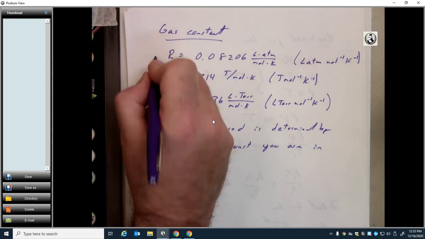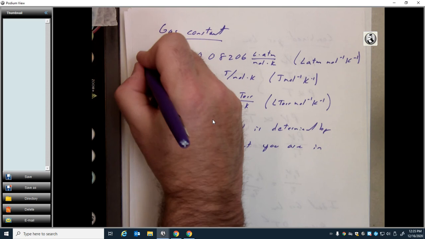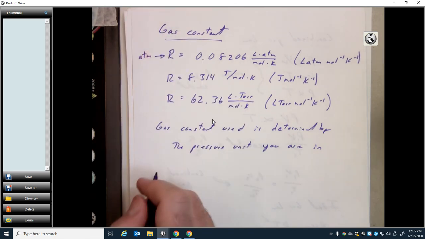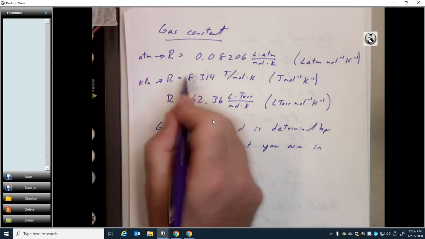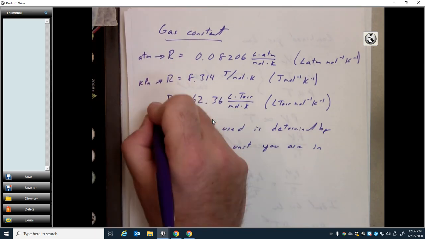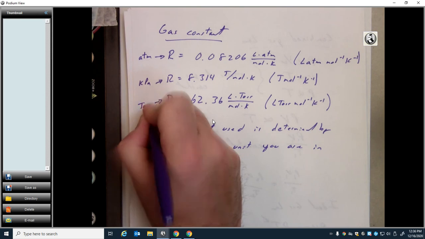So if you're in atmospheres, we have to use this one. If we're in kilopascals, we need to use this one. If you're in torr, you have to use this one.